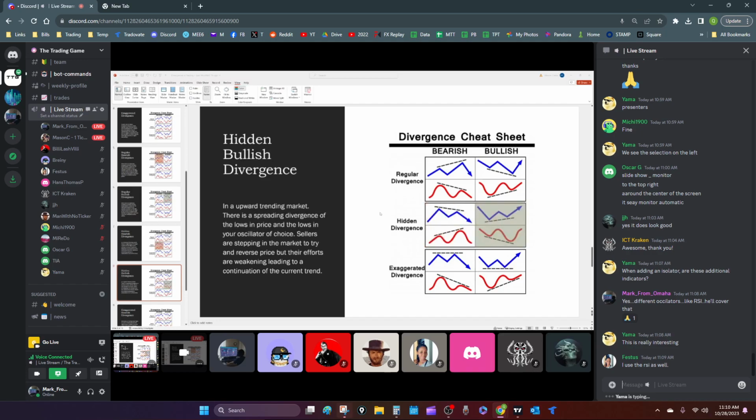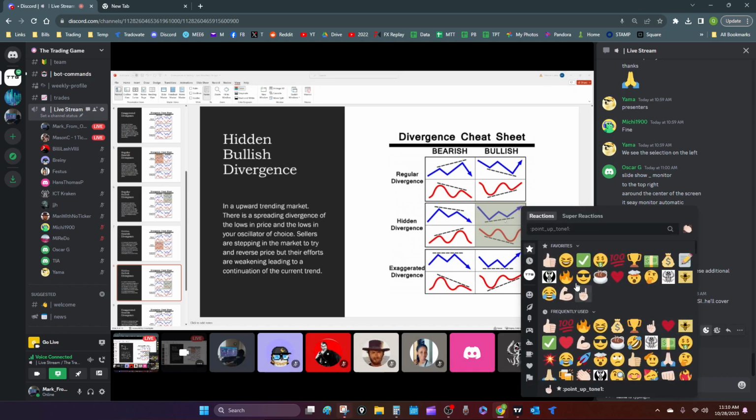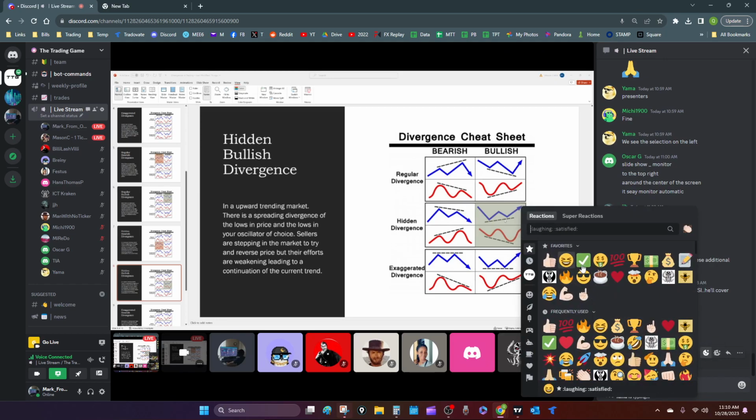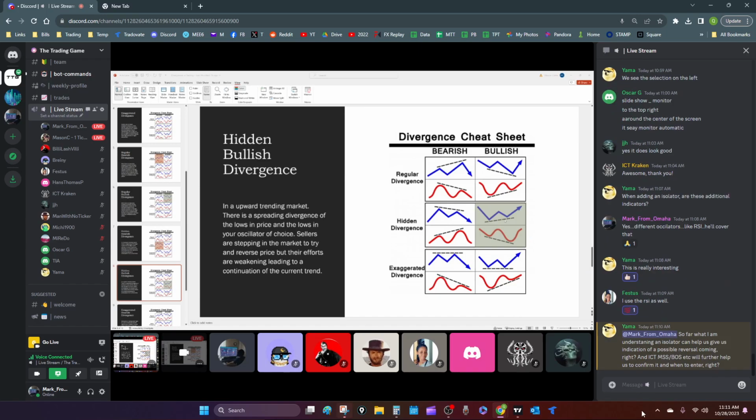Same thing for hidden bullish divergence, and I have two on the charts. I have two of these during a market maker model that played out to show you continuation as well. In an upward trending market, there's a spreading divergence between the lows in the price and the lows of your oscillator of choice, whether it be RSI or MACD, like we discussed.